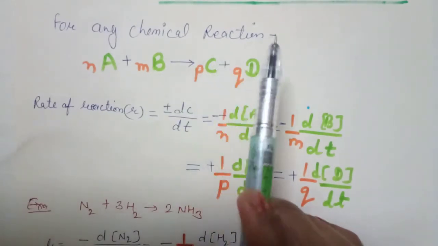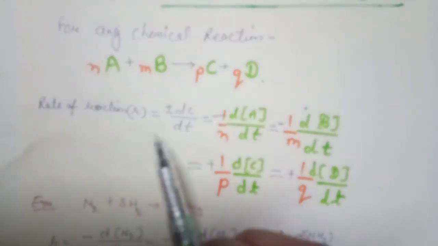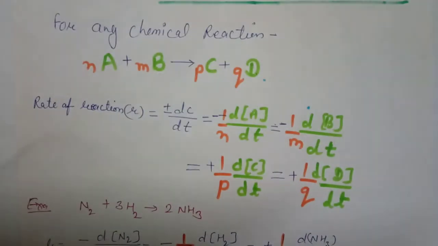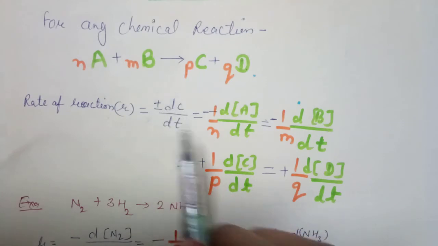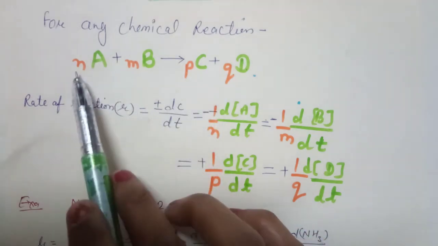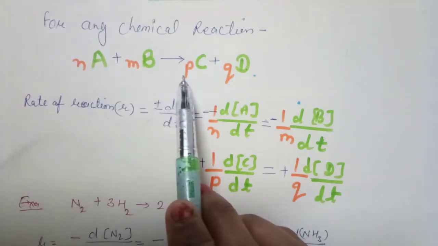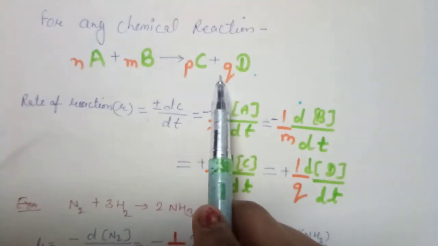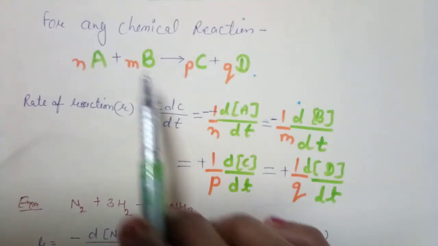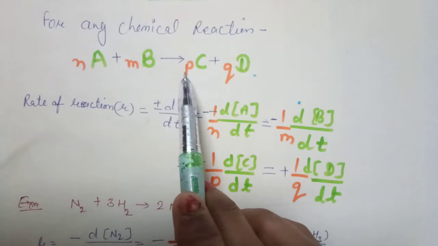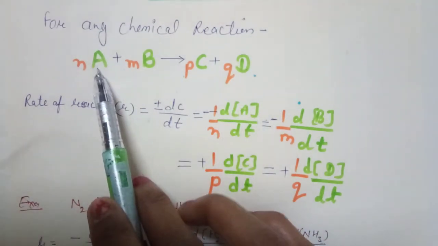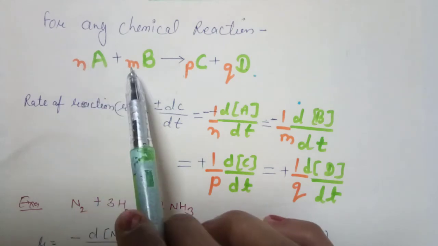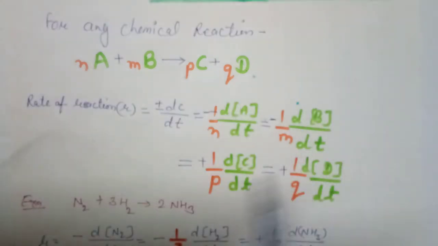So according to stoichiometry, the rate of reaction R will be given in this way: the rate of reaction is equal to plus or minus dc upon dt. When the stoichiometric coefficients are given, the stoichiometric coefficient also takes part in the rate of reaction. The rate of reaction is divided by the stoichiometric coefficient also.